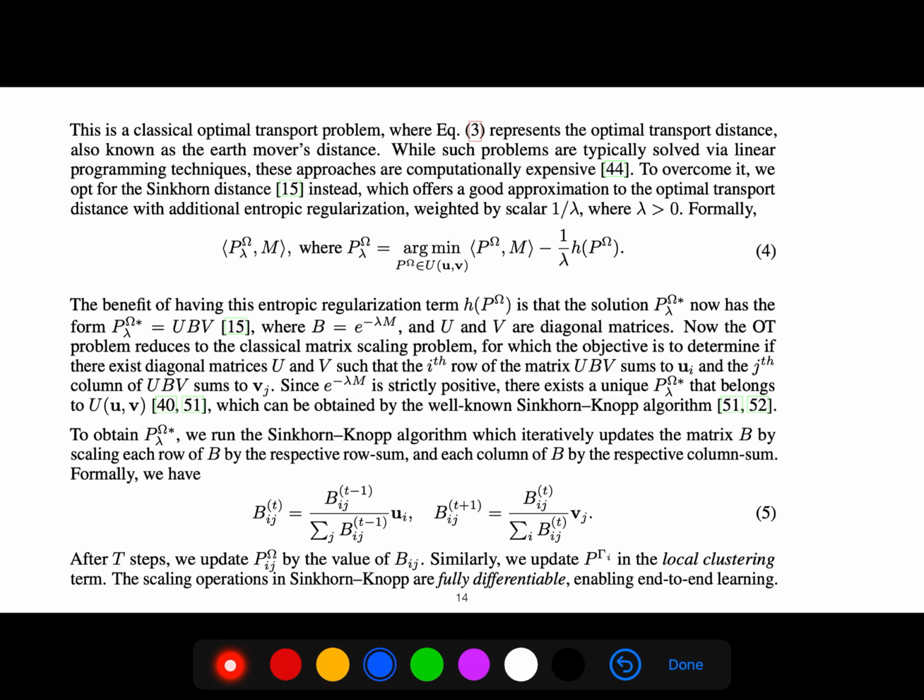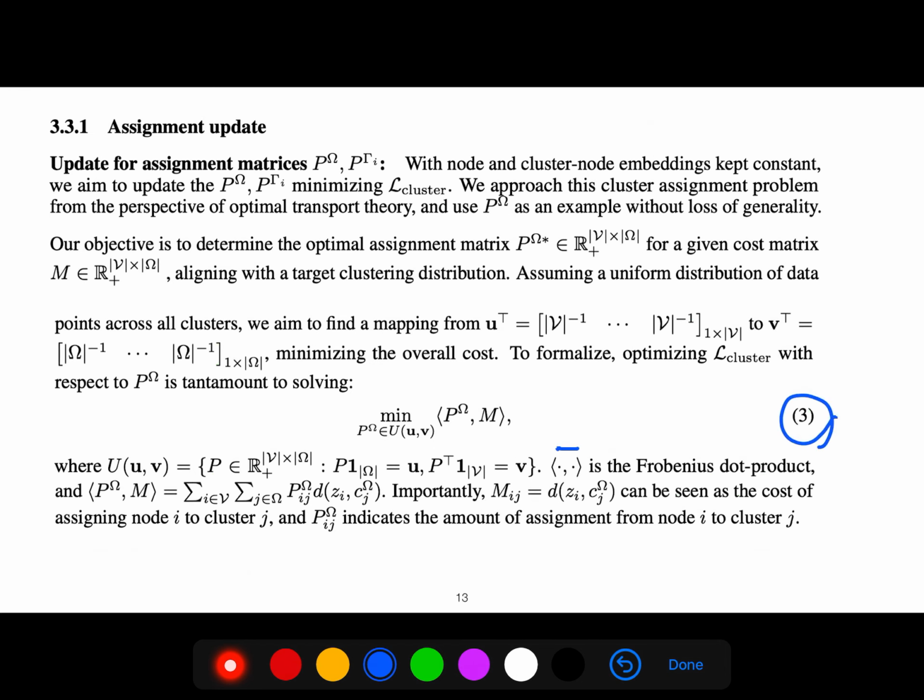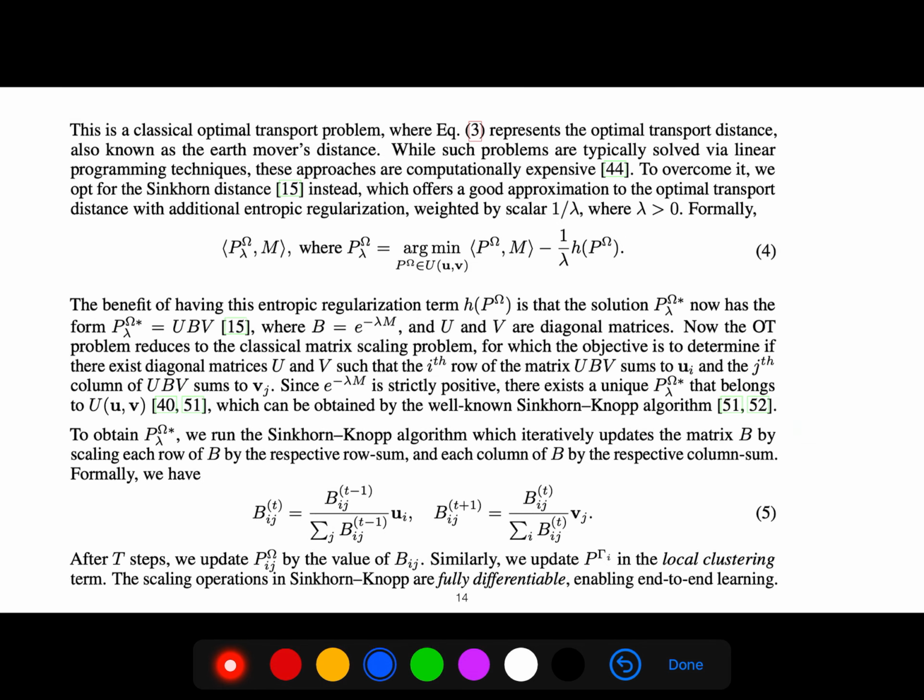This is the classical optimal transport problem. So this minimization problem represents the optimal transport distance, also known as Earth mover's distance. While such problems are typically solved via linear programming techniques, these approaches are computationally expensive.